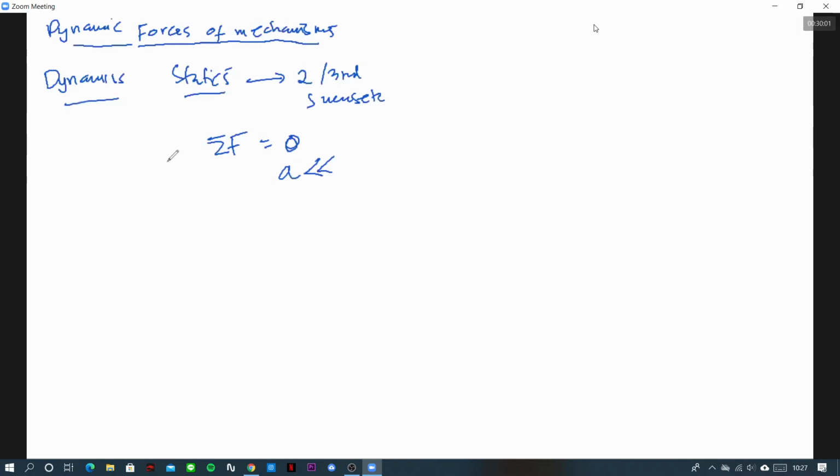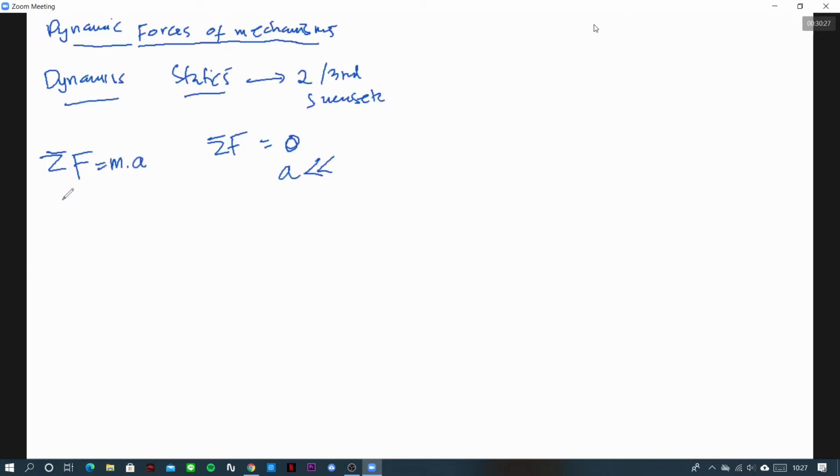And here in the dynamics, we are using the second law of Newton. You remember in the rigid body analysis, there are three approaches, three methods to solve dynamic forces. The first one is by using the second law of Newton, sigma F equal to m times a.